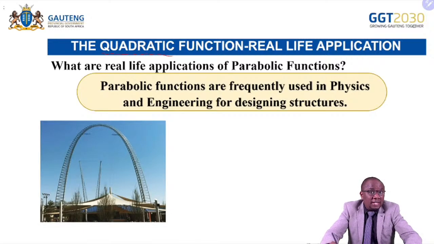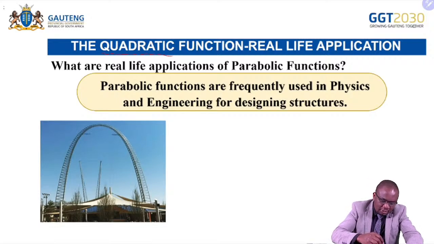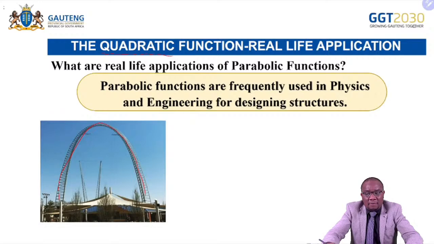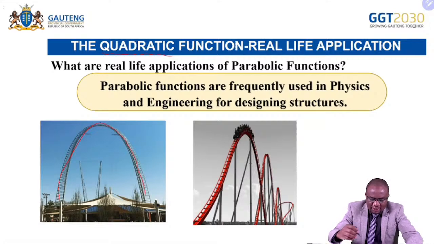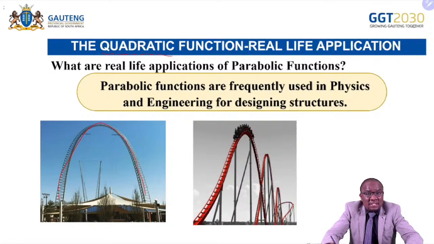When you talk about the shape of the function, it's going to look like this. You need mathematics to come up with these shapes. Some of you have gone to Quadratic City, you have seen things like this. These are designed by people who did mathematics, and it is used in engineering and designing structures. So it is very, very important.